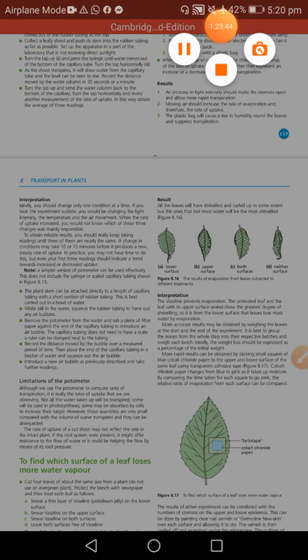So during the day the stomata is open, so water leaves the stomata and more water is taken in from the xylem vessel.